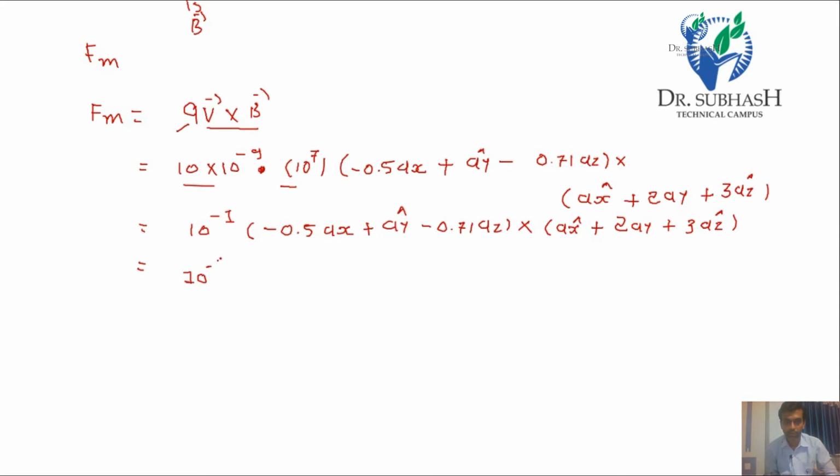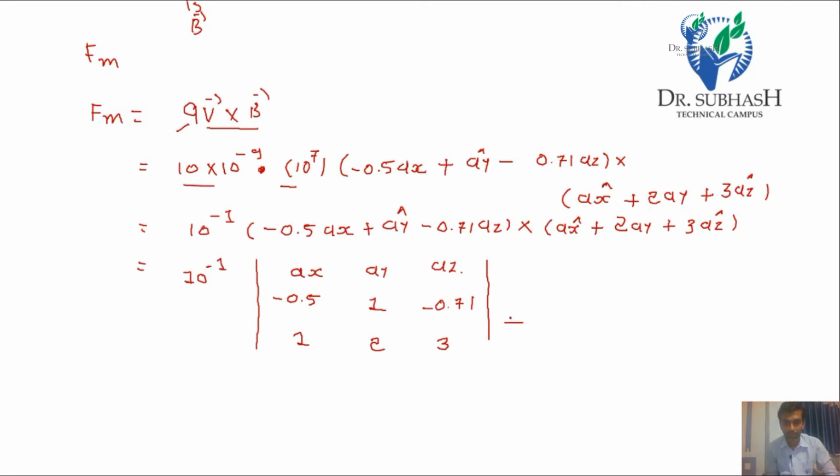Now 10^−1 times the ax component, ay component and az component of the velocity V and the components of the magnetic field 1, 2 and 3.